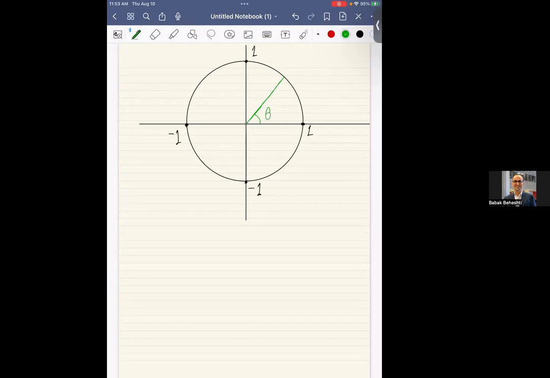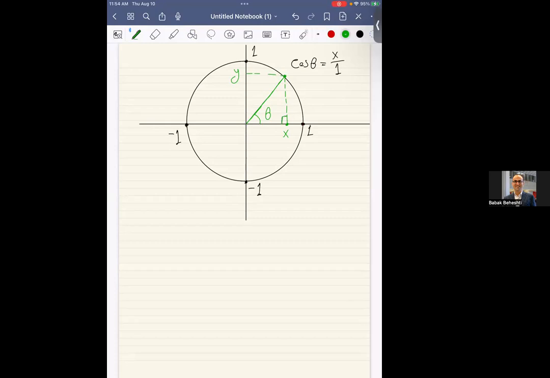So if this is the theta, then this point has x, y coordinates, right? This is x and this is y. So we define cosine of theta equal to x divided by 1, because here the radius, which is the hypotenuse of this right triangle, is 1.